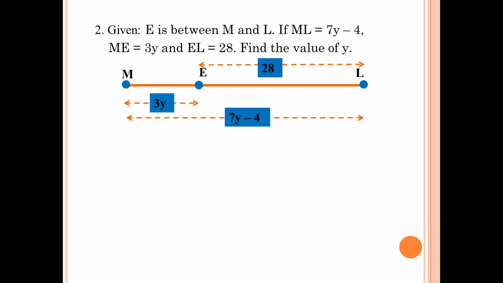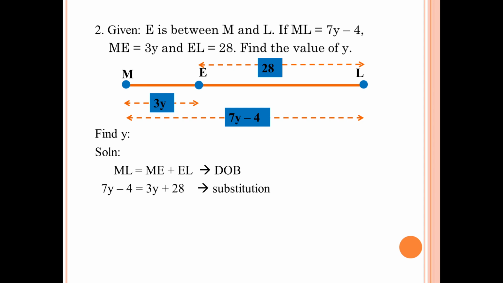So again, let us consider the definition of betweenness to find the value of y, which is ML equals ME plus EL. So meaning to say, we're going to add ME and EL to get ML. So bring down all the given by substitution. We are concerned with the value of y, so we're going to transpose 3y to the other side, it becomes negative 3y.